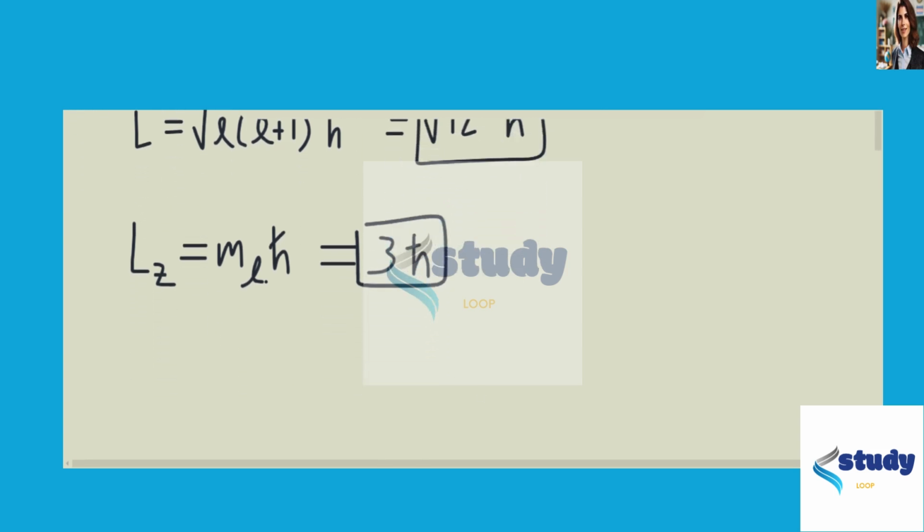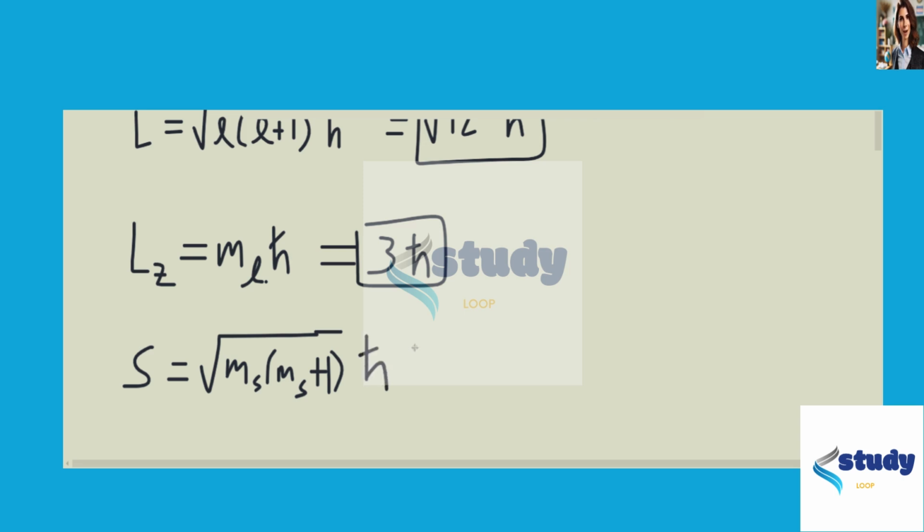And then it wants the spin angular momentum, S, which is equal to the square root of S times S plus 1.